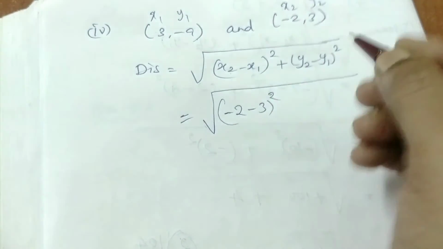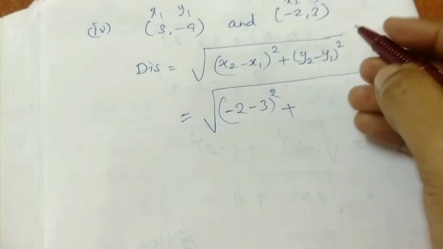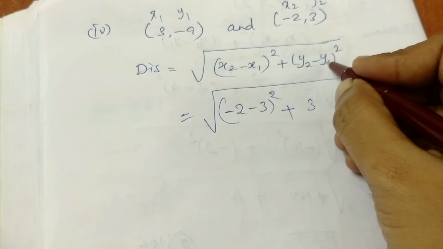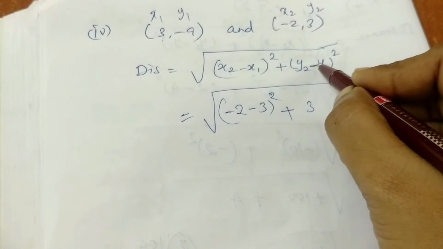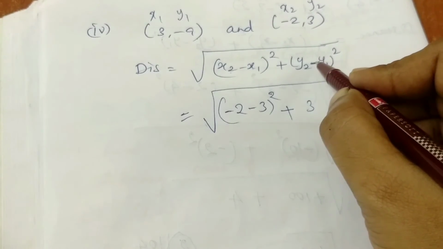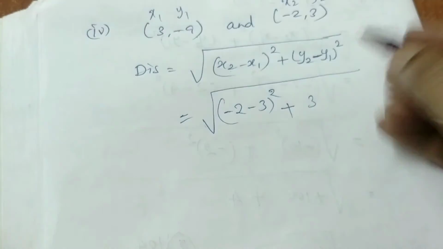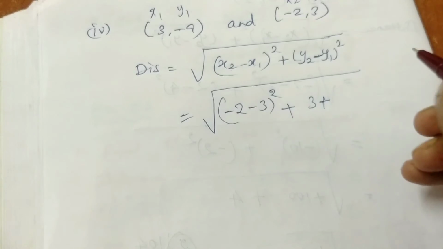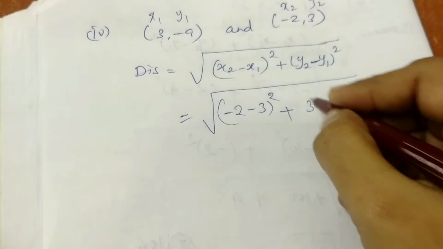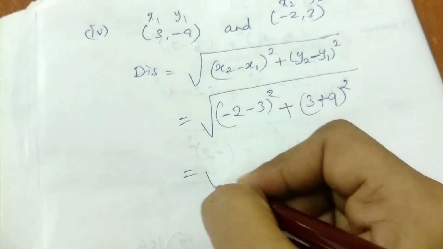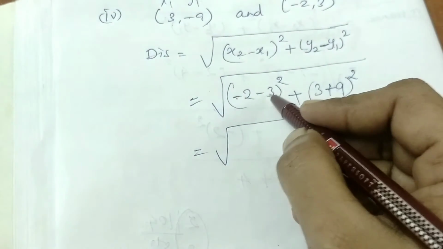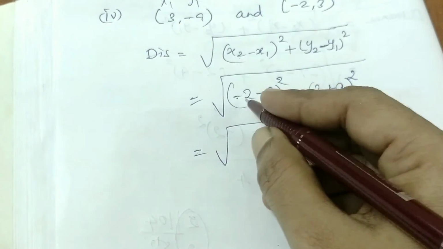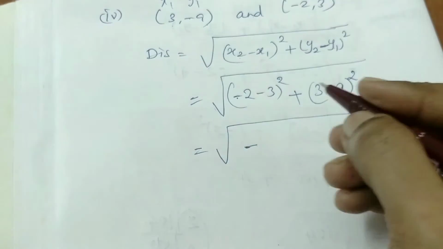So minus 2 minus 3 the whole square plus y2 is nothing but 3, minus y1 is nothing but minus 9. Here also we are having one minus sign, so multiply this minus sign with this minus sign. So we have plus. So plus 9 the whole square. Equal to square root of, these two are same sign numbers, so add those two numbers and put the same sign.